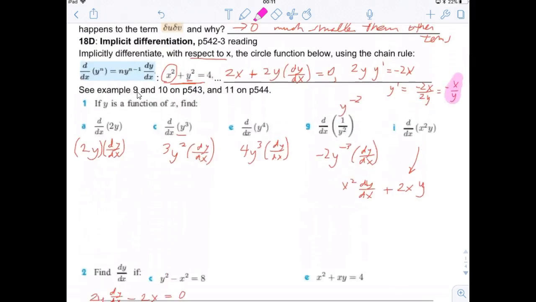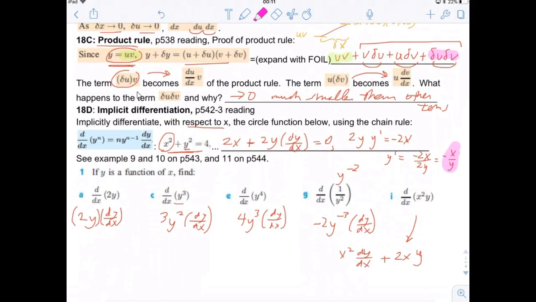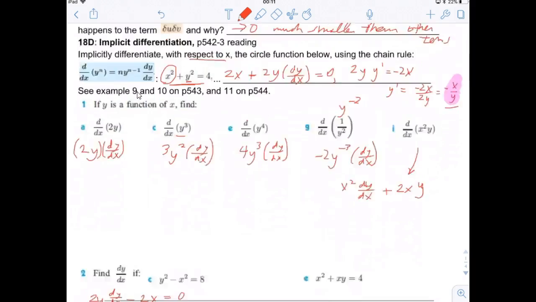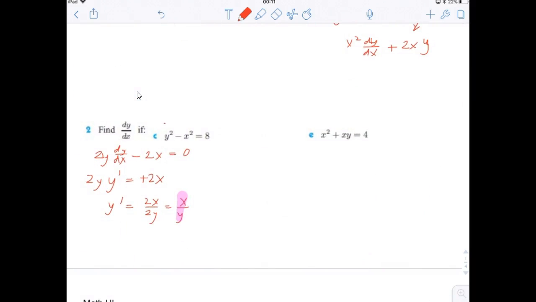You can see that this is a little bit different than before. We had negative x divided by y in the case of a circle. In this case, which I believe is like a hyperbola with diagonal asymptotes or oblique asymptotes, we end up with the derivative of y being x divided by y.